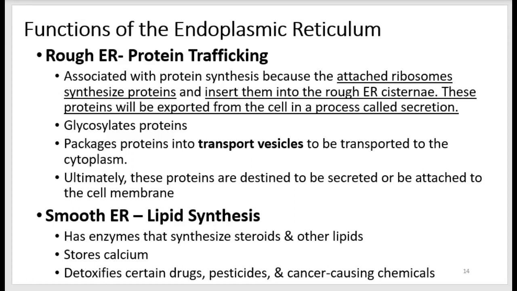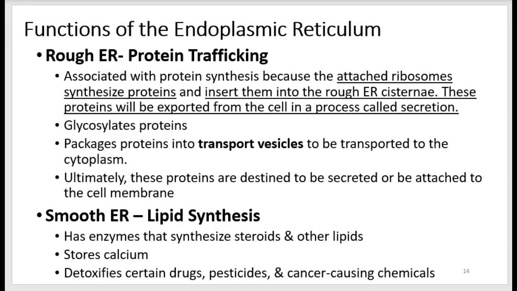So the rough ER helps with protein trafficking after protein synthesis because the attached ribosomes are synthesizing proteins, and as the proteins become longer, they're inserted into the rough ER cistern.